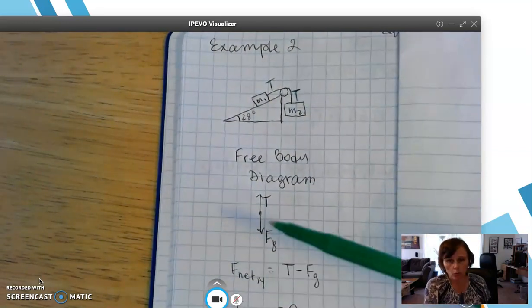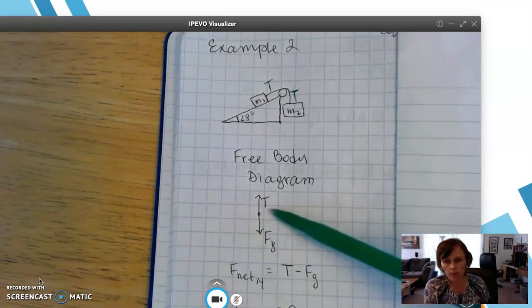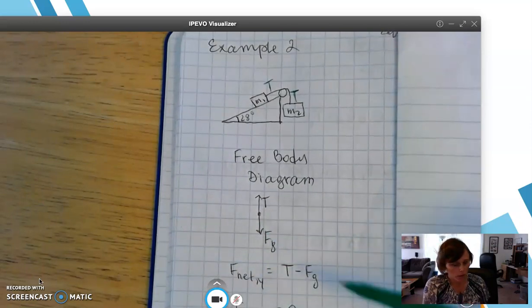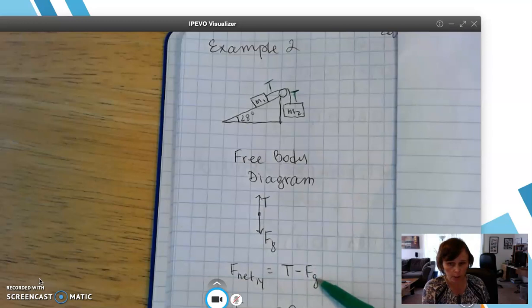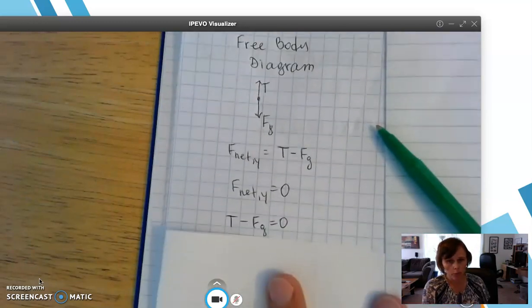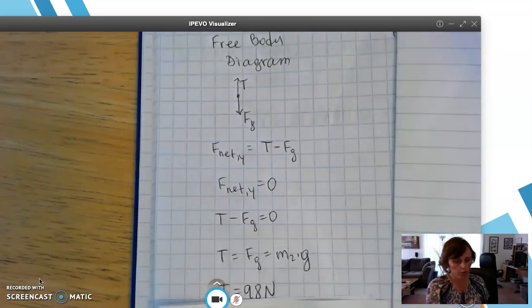We can see there are only two forces acting in vertical direction, and there are no forces acting in horizontal direction. And F net in vertical direction equals tension minus gravitational force, so let us solve for tension, because we know the gravitational force here.